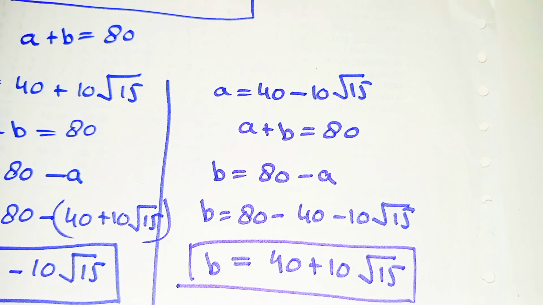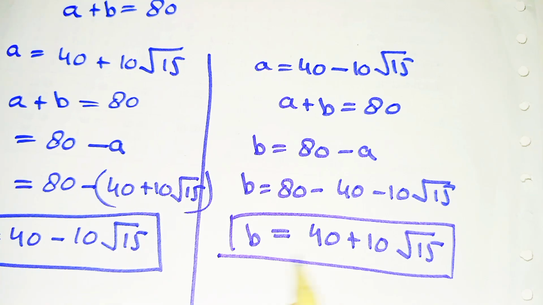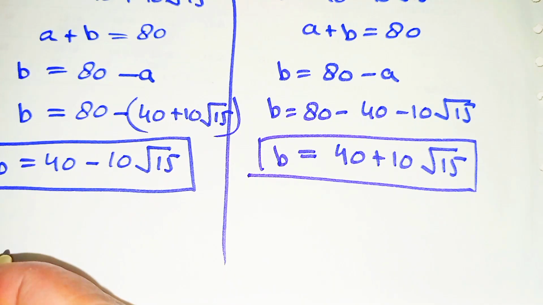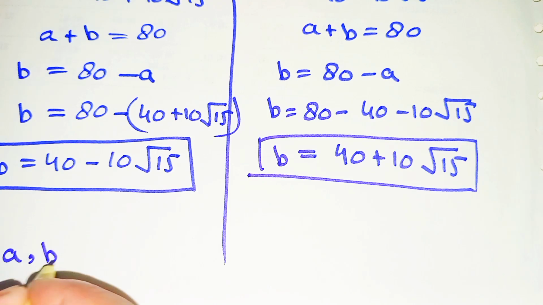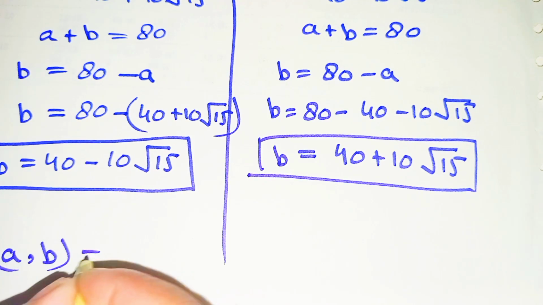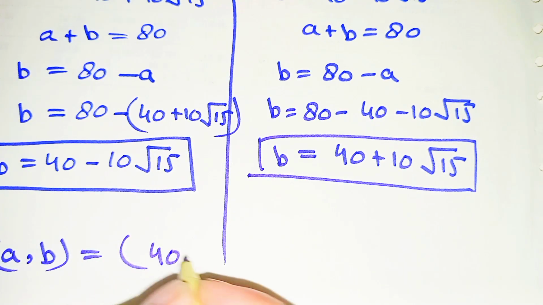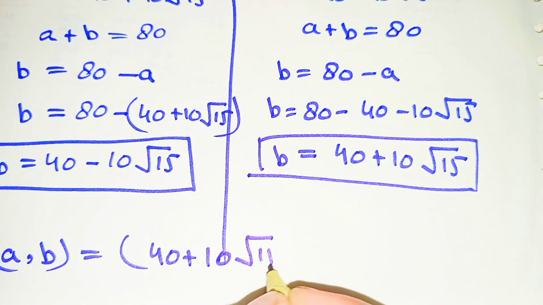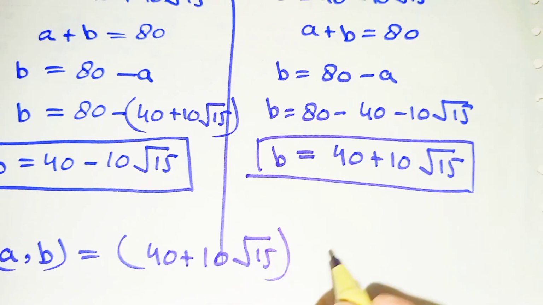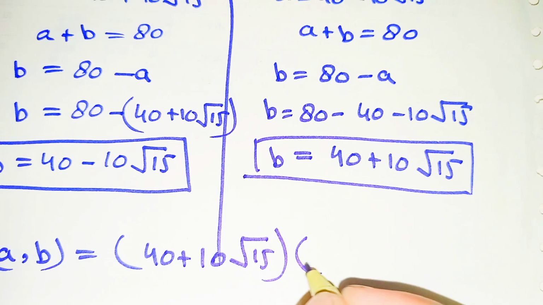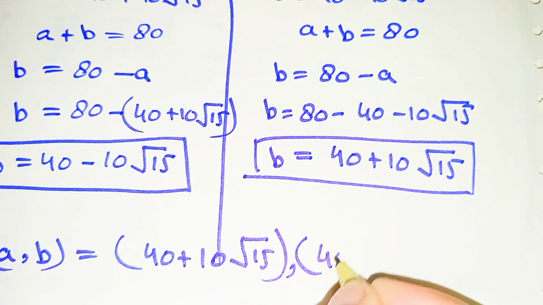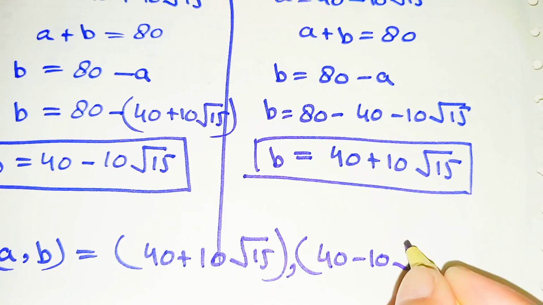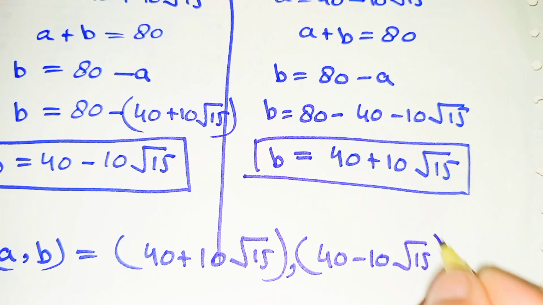Here is the smaller value of b and here is the larger value of b. So ab is equal to (40 plus 10 square root of 15) times (40 minus 10 square root of 15).